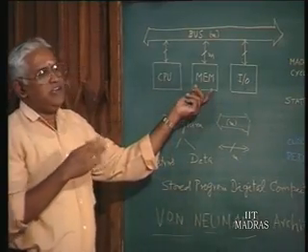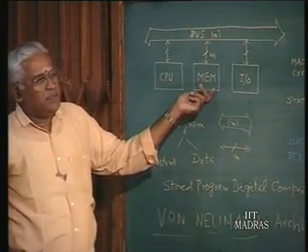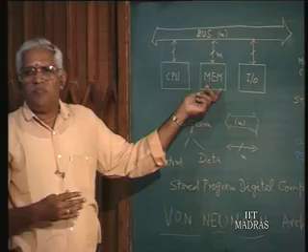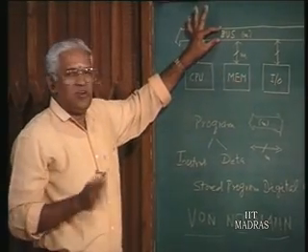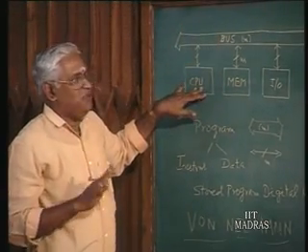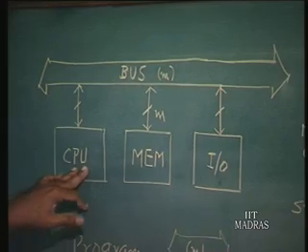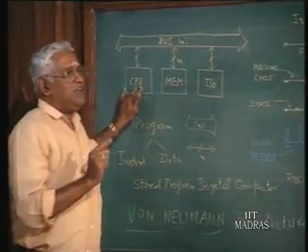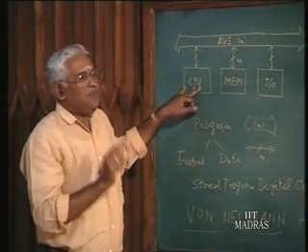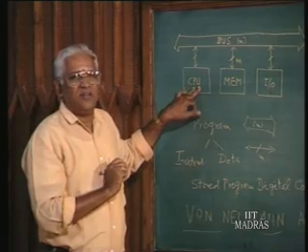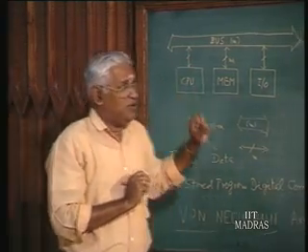We need not worry very much about the memory because it's byte organized. What is the bus width and what is the CPU size? I said an 8-bit CPU means the data being internally processed by the CPU is of width 8.